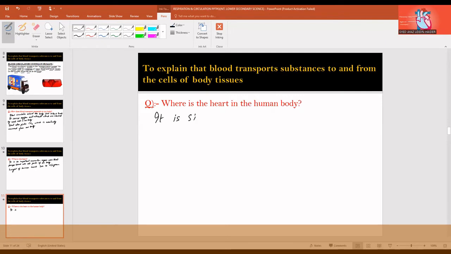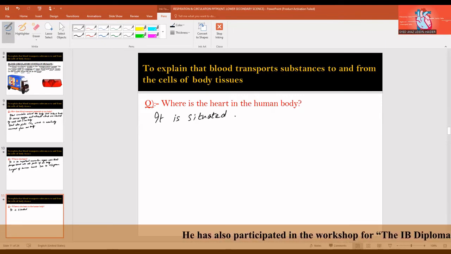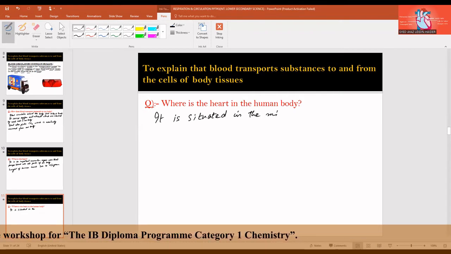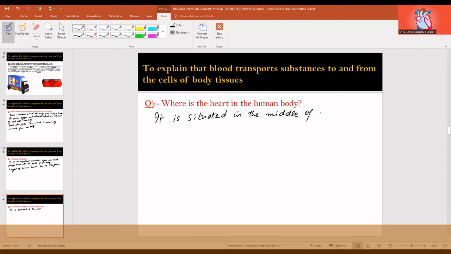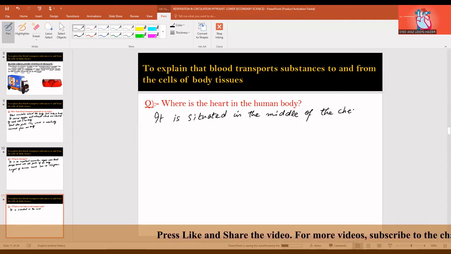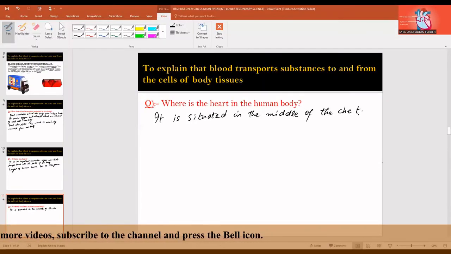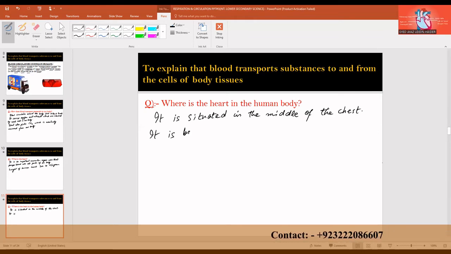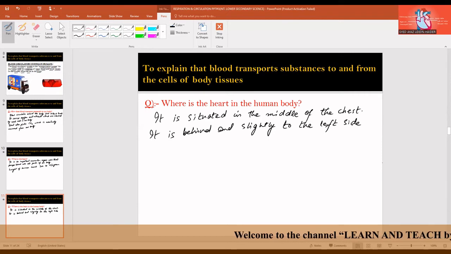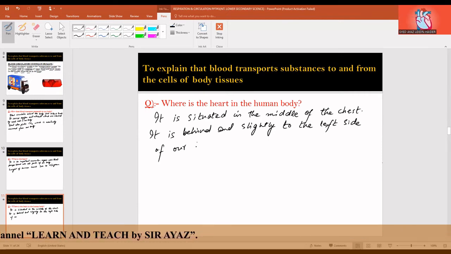It's just behind and slightly to the left side of our breastbone.